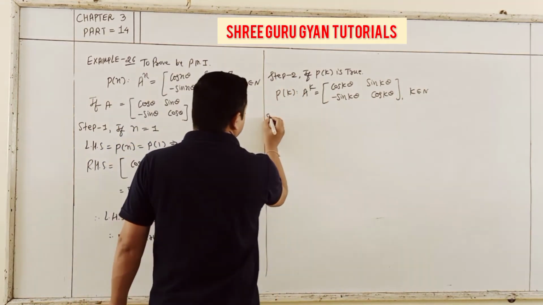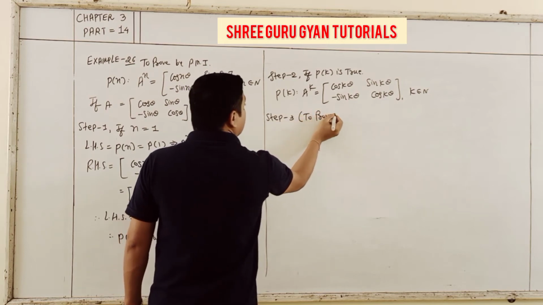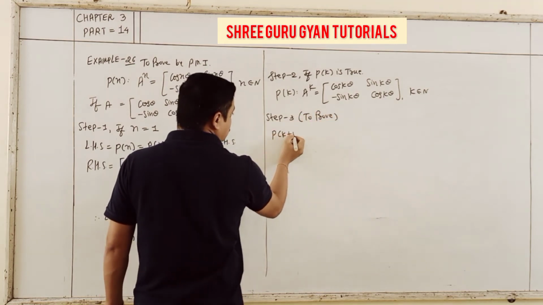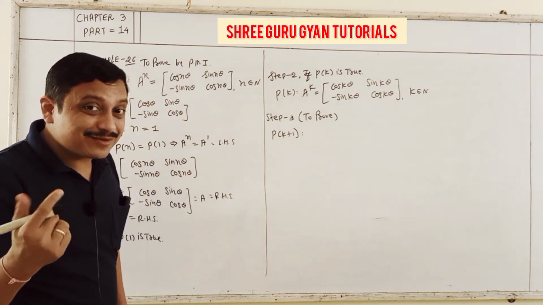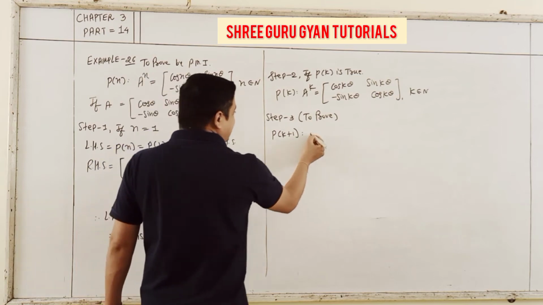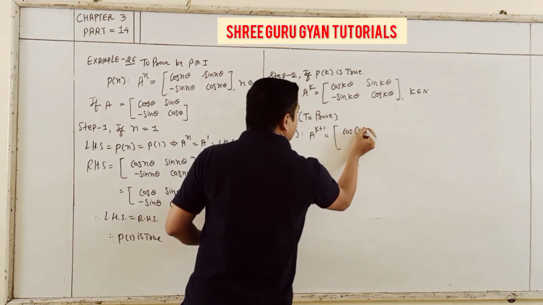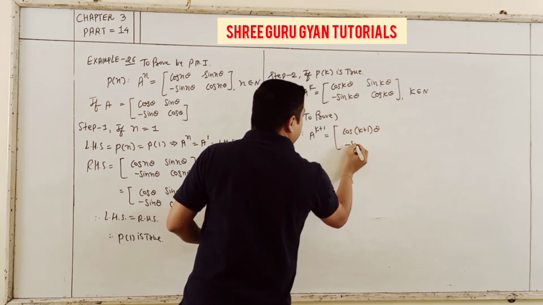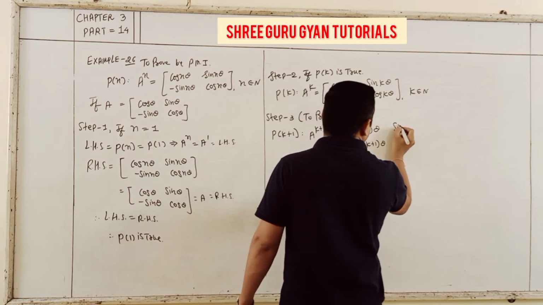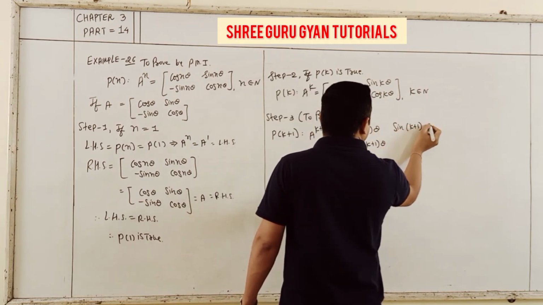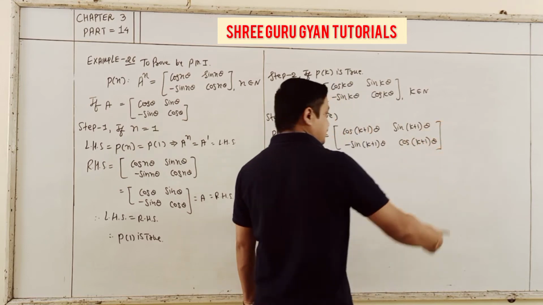And step 3, which is to prove P of k plus 1. So whenever your k, write down in place of k plus 1. So A raised to k plus 1 is cos k plus 1 theta, minus sin k plus 1 theta, sin k plus 1 theta and cos k plus 1 theta.